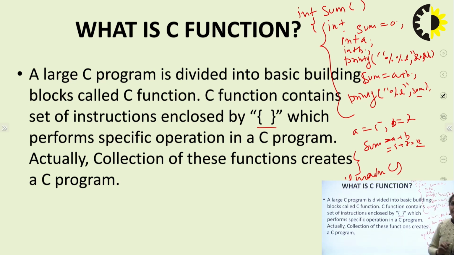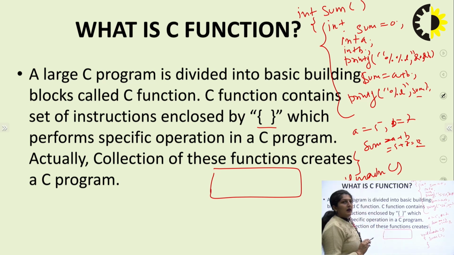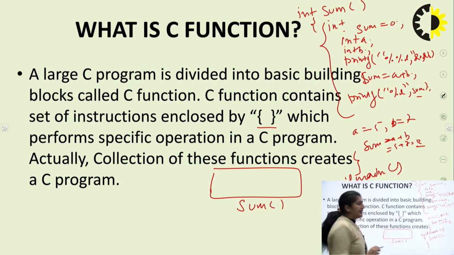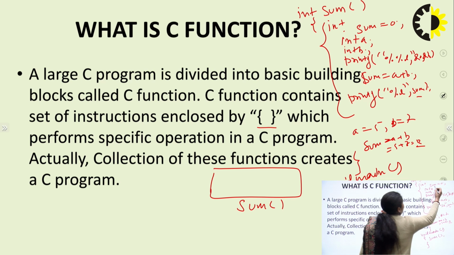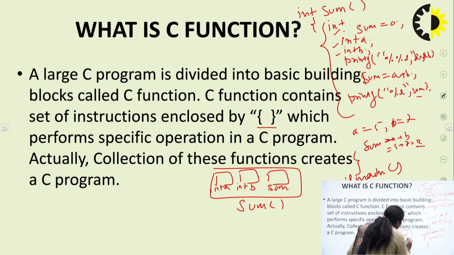So what will happen when we run this program? For this sum function, memory allocation will be done, with three variables: int A, int B and sum.